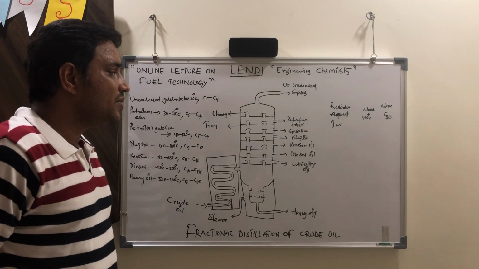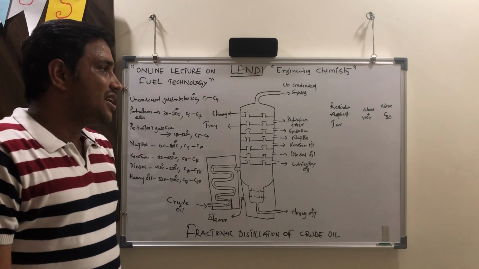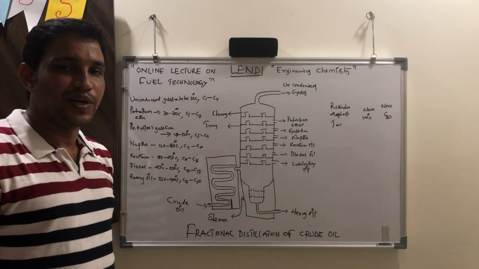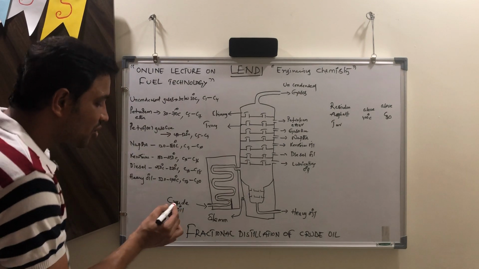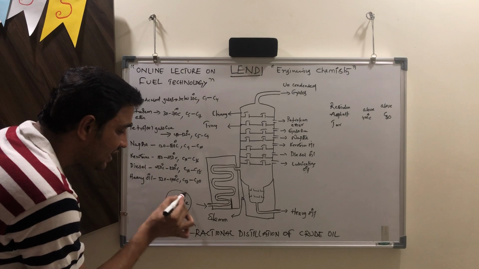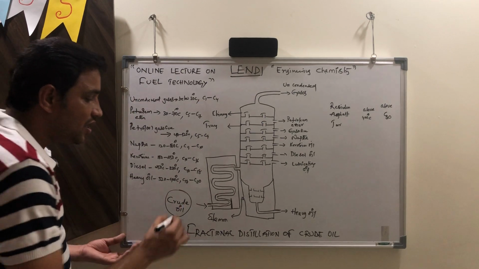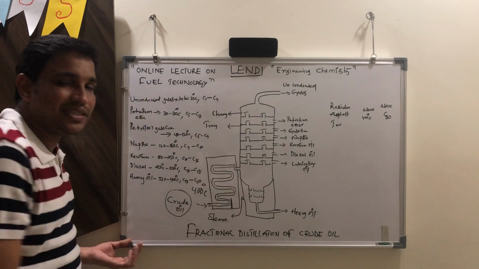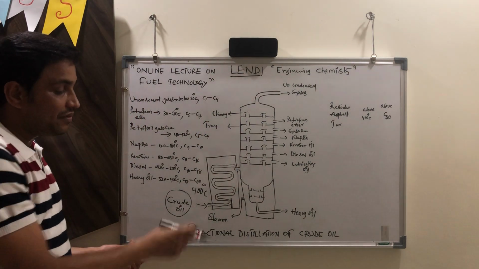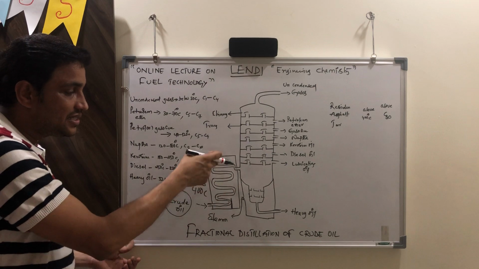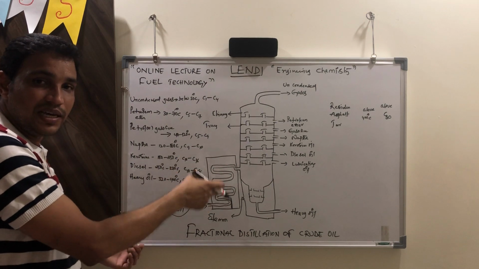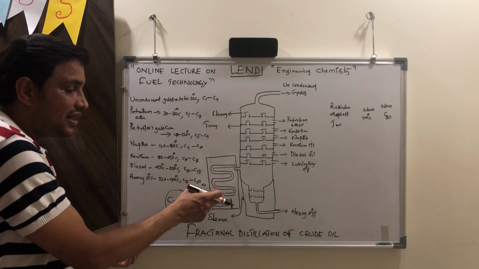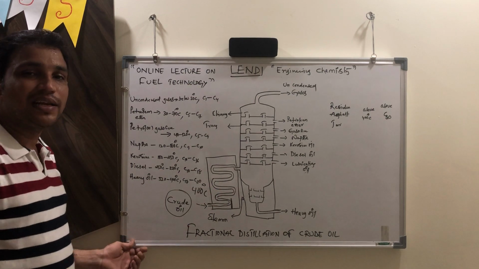So in fractional distillation, initially take crude oil. This is crude oil. Now apply 400 degrees Celsius temperature onto the crude oil with the help of heating coils. This is the heating chamber, where the chamber contains coils.